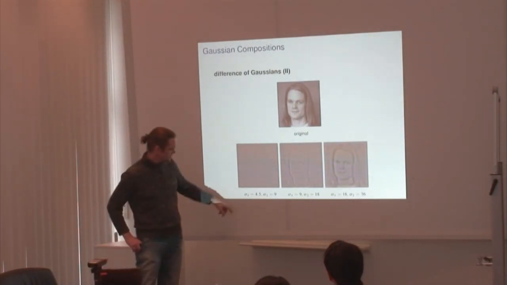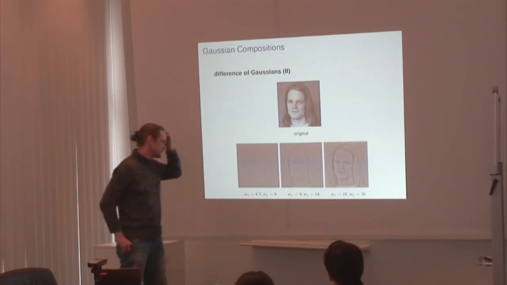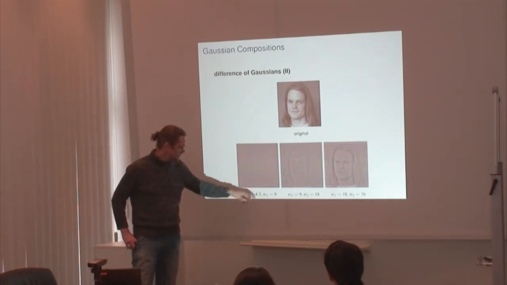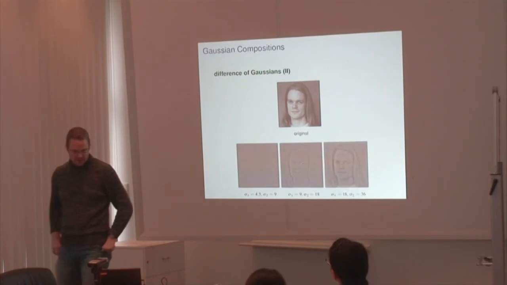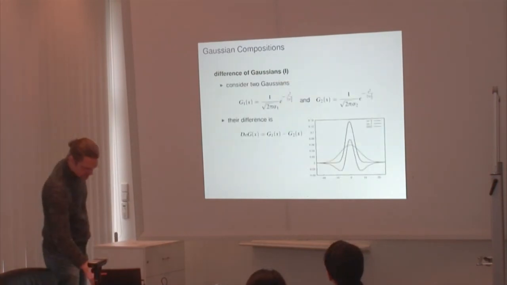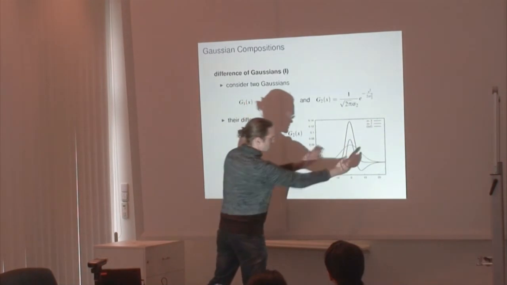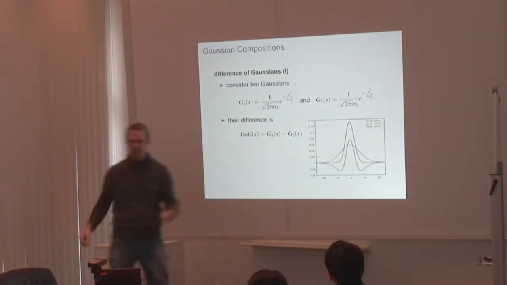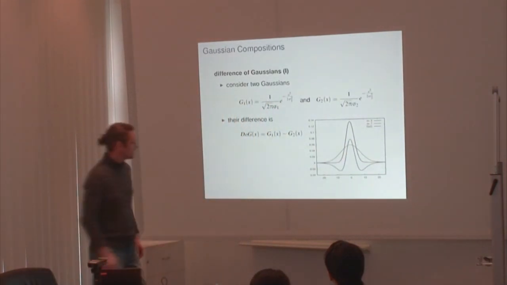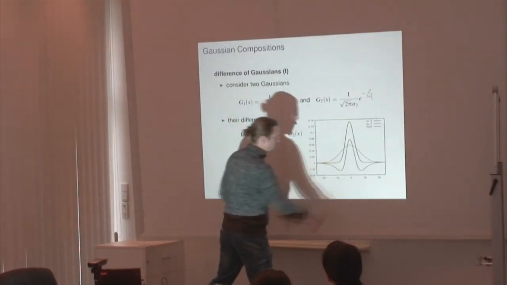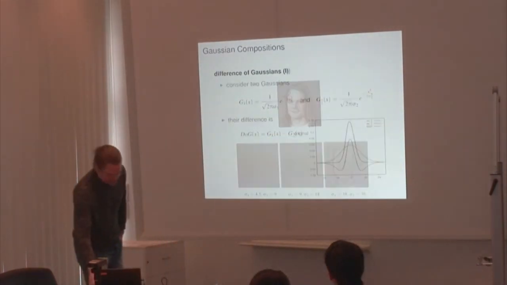This is the original. Here I have used a difference of Gaussian where the first Gaussian has a sigma of 4.5. So the first Gaussian in this example is more narrow because the sigma, the variance parameter, is smaller, and the other Gaussian is wider because the variance parameter is larger.